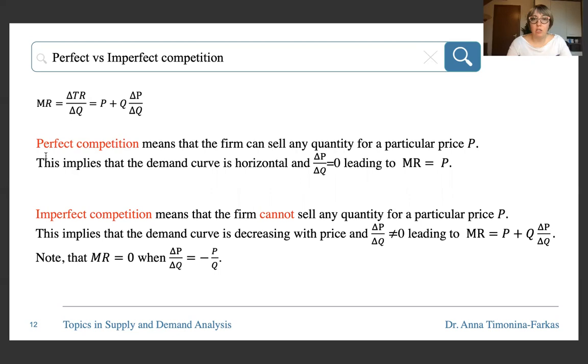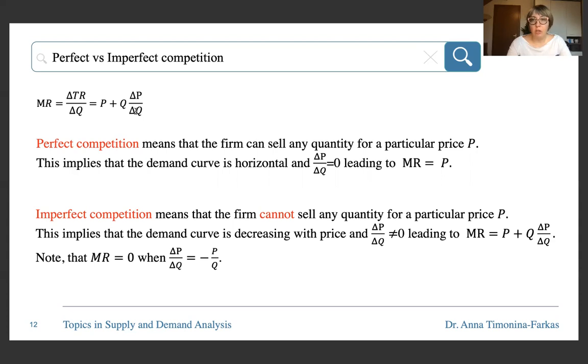It means that by adding a little bit of price, the firm will be pushed out of the market. And the marginal revenue curve is just equal to the price because our delta P divided by delta Q is equal to 0. However, in imperfect competition, our marginal revenue is just equal to this, and delta P divided by delta Q is not equal to 0 in this case.